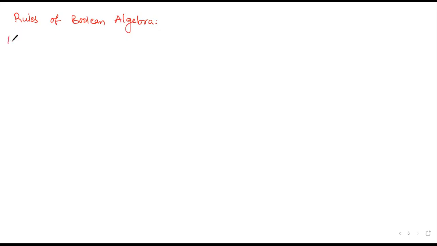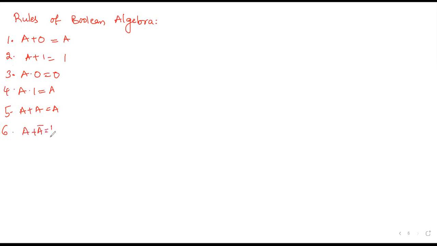I am writing here. A plus 0 is equal to A. Second one, A plus 1 is equal to 1. Third one, A into 0 is equal to 0. A into 1 is equal to A. A plus A is equal to A. A plus A bar is equal to 1.